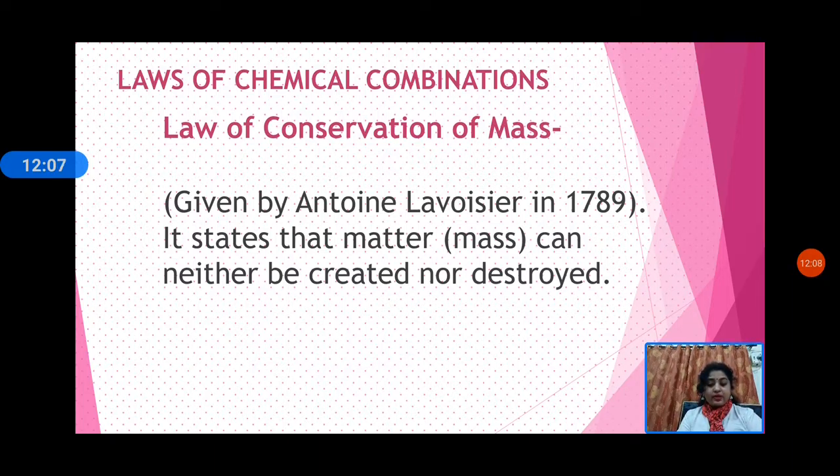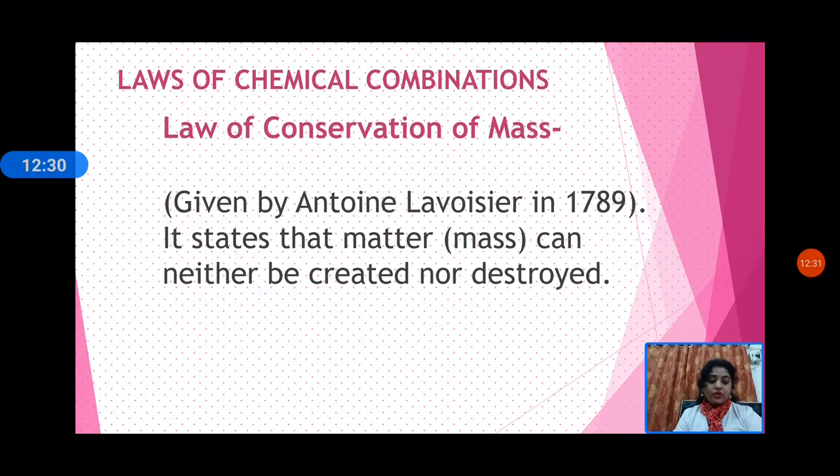Two laws are here, in two fragments. The law is, in a physical or chemical change, the total mass of the product is equal to the total mass of the reactants. Suppose you write a chemical reaction, silver nitrate plus sodium chloride gives out silver chloride and sodium nitrate.